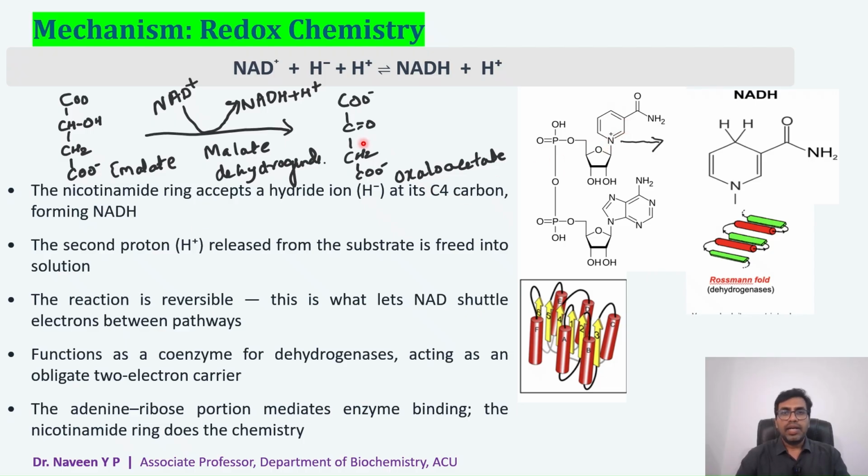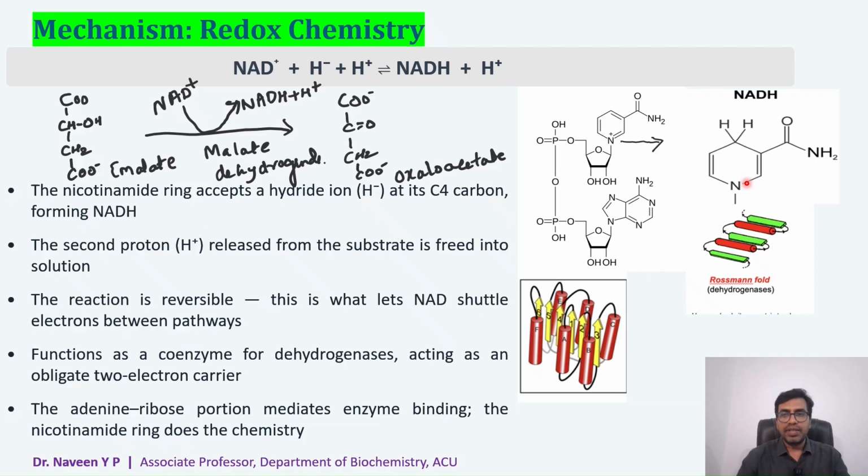Now when the hydride ion is added here, the electrons in the double bonds will shuffle. This will result in breakage of this double bond, and then there will be a valence-deficient carbon formed over here, and those electrons again will shift onto this nitrogen.